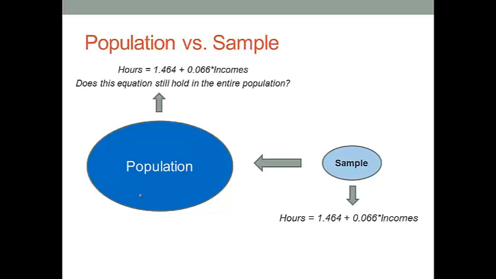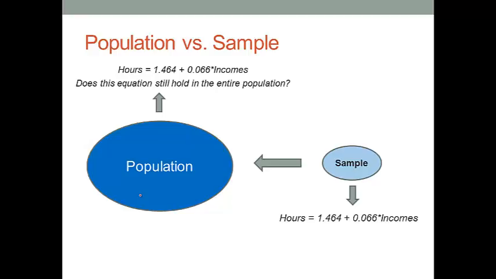I just introduced two concepts to everyone, right? The population and the sample. What is a population? It's the entire group, right? If we have enough money, enough labor, we will survey the entire population to understand a business question.